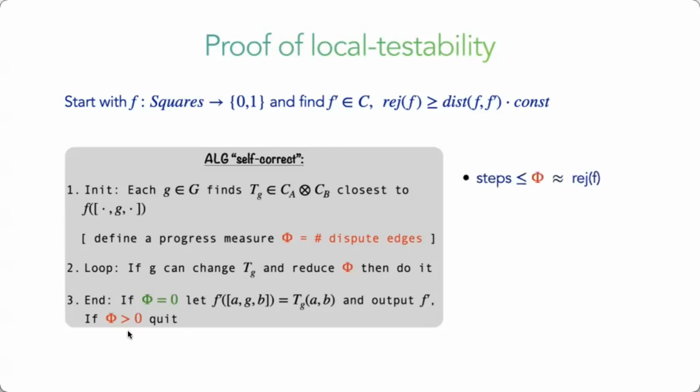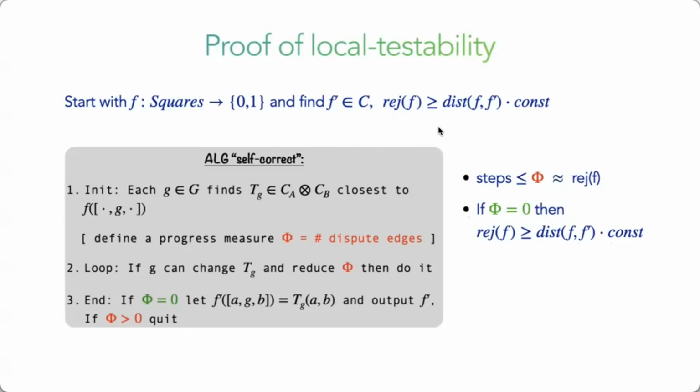Okay. So how do we analyze this? Firstly, you see that the number of steps is bounded by phi, because at every step you reduce phi, so the number of steps is smaller than phi, which is roughly the rejection. If phi ends up being 0, then we've actually proven the inequality we wanted to prove.